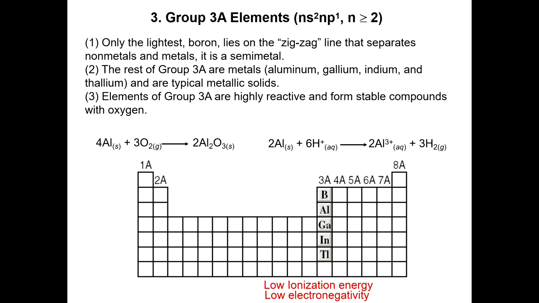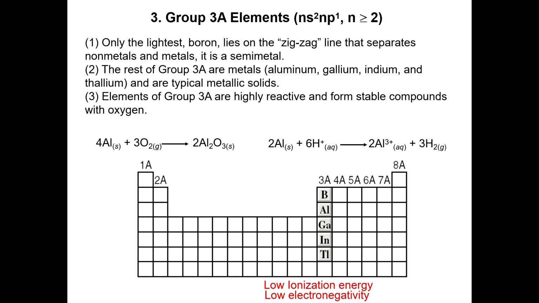Group 3A. So group 3 is these elements. These elements also have low ionization energy. So they also easily lose electrons to form a +3 charge.